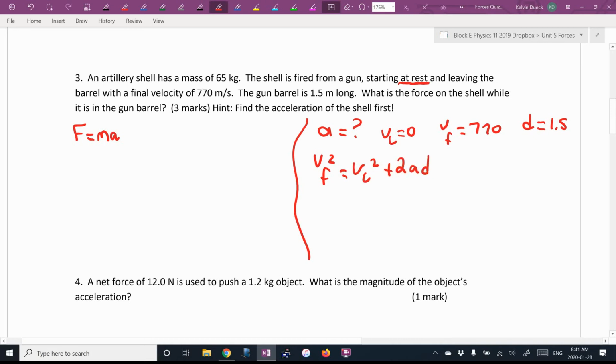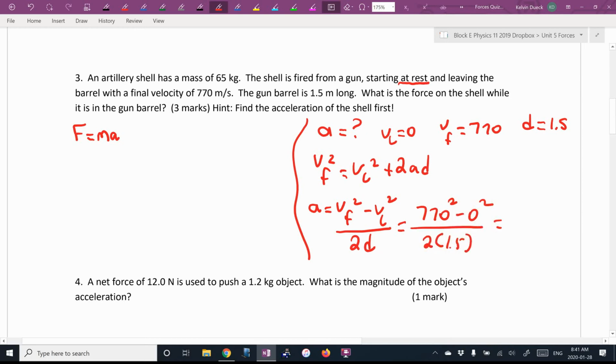Everything from before Christmas is still fair game, and I will put some questions like this on your test because it's also good review. A is going to be the VF squared drops down like a domino, minus VI squared all over 2D. We're going to get 770 squared minus 0 squared all over 2 times 1.5.